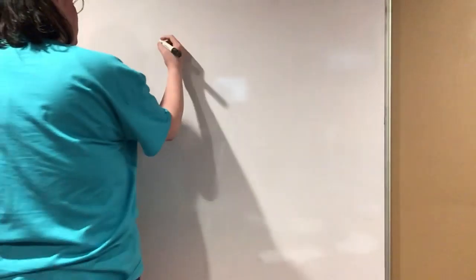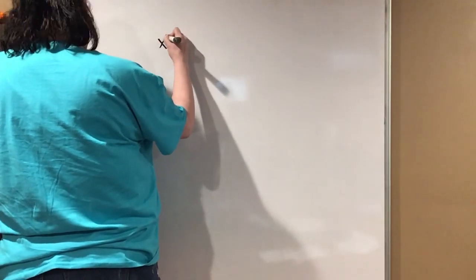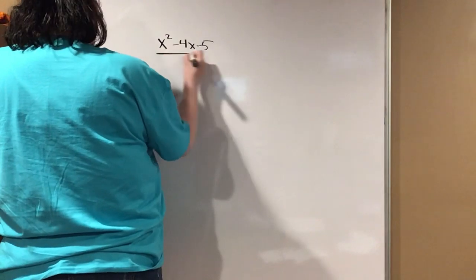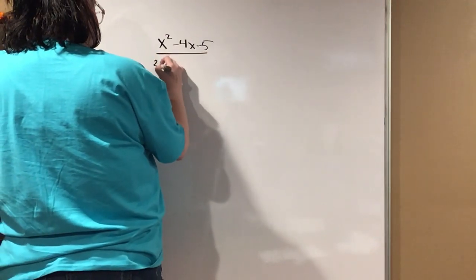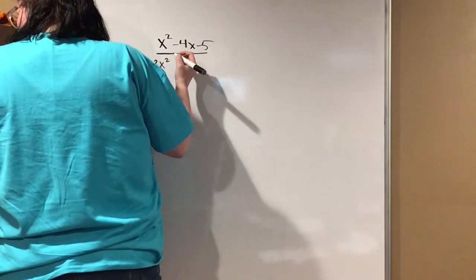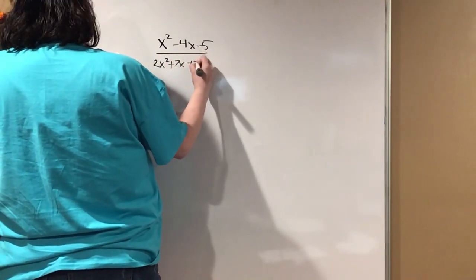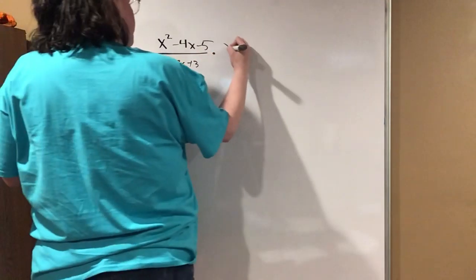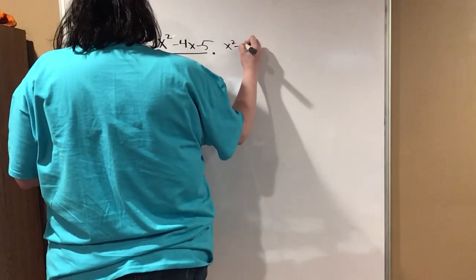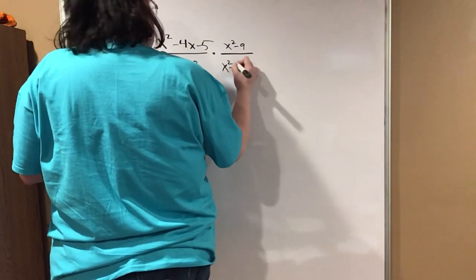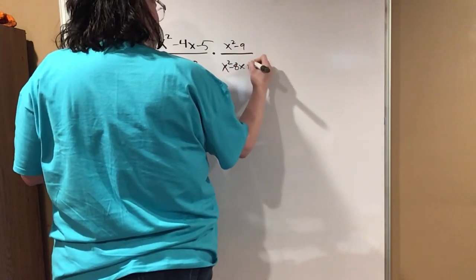So this time I'm given x squared minus 4x minus 5 over 2x squared plus 7x plus 3 times x squared minus 9 over x squared minus 8x plus 15.